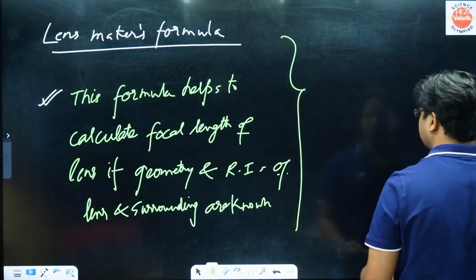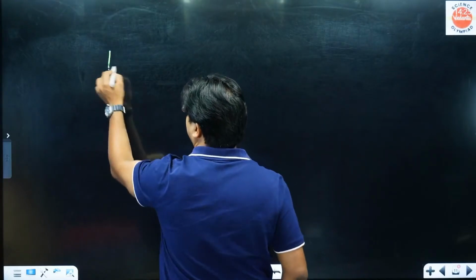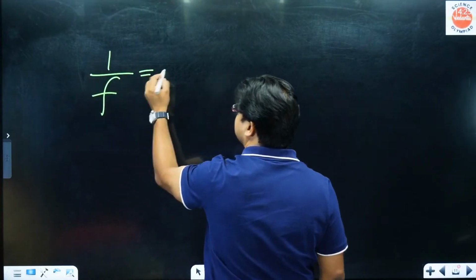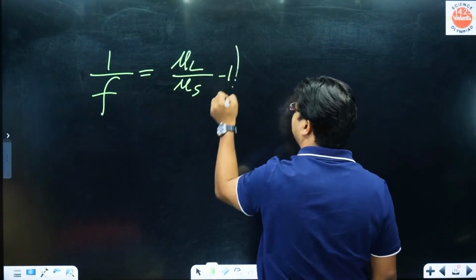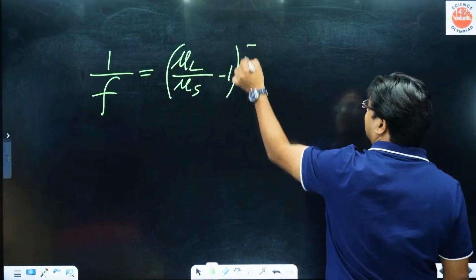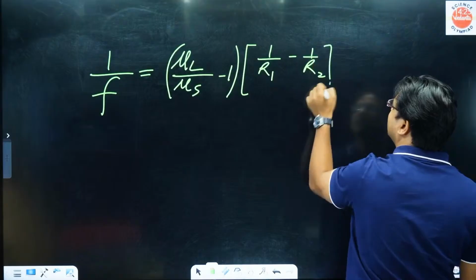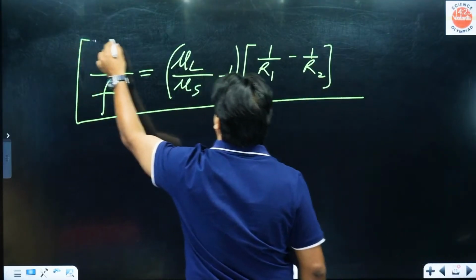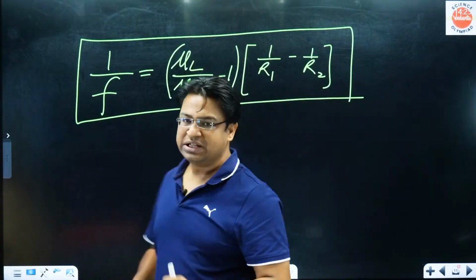So what is the formula? Let me write the formula. The formula is 1/f = (mu lens / mu surrounding - 1) × (1/R1 - 1/R2). So this formula is called the lens maker's formula.